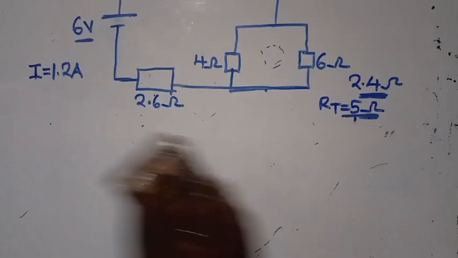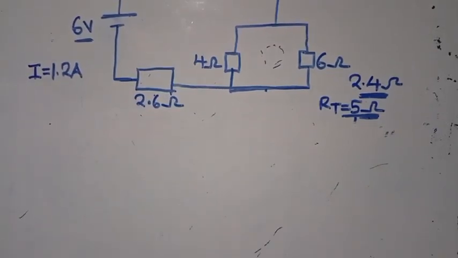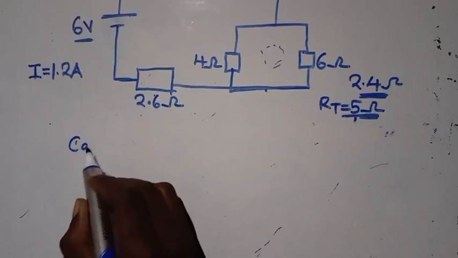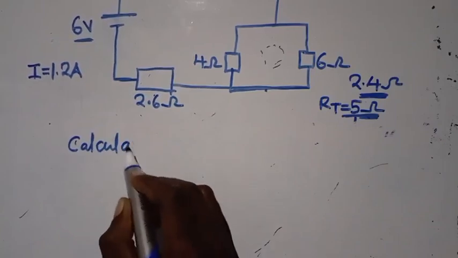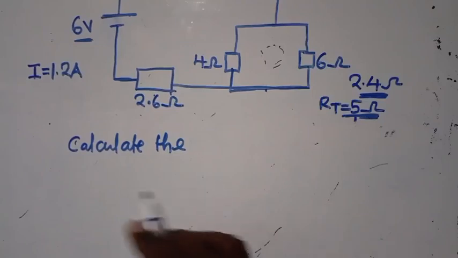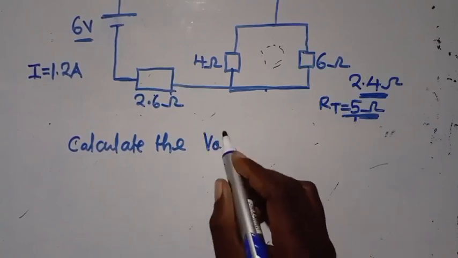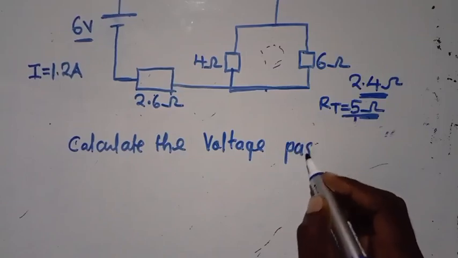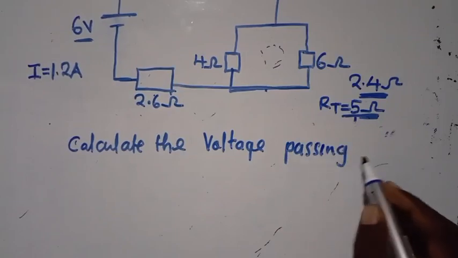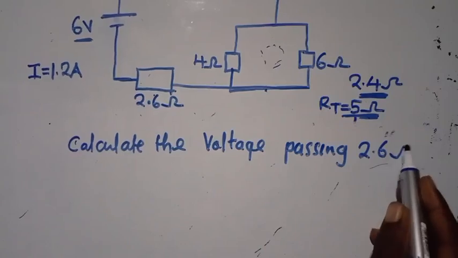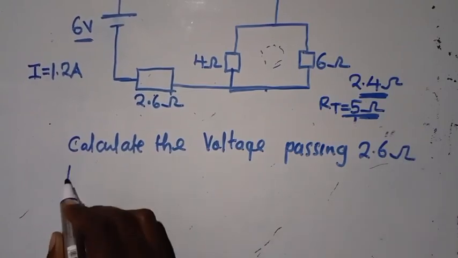So the next question is saying, calculate the voltage. Those of you that are writing, make sure that you write: calculate the voltage passing through the 6 ohm resistor.